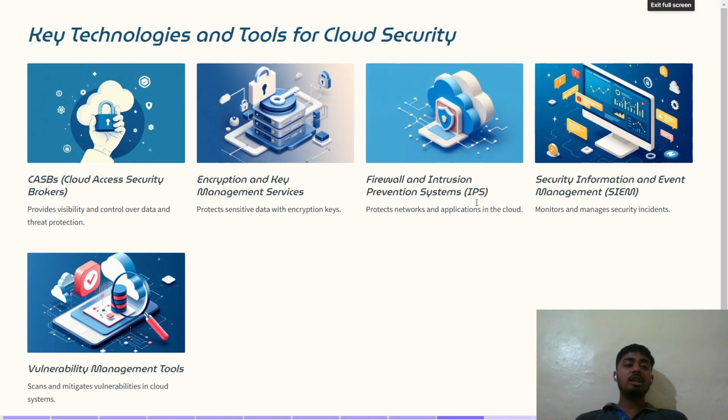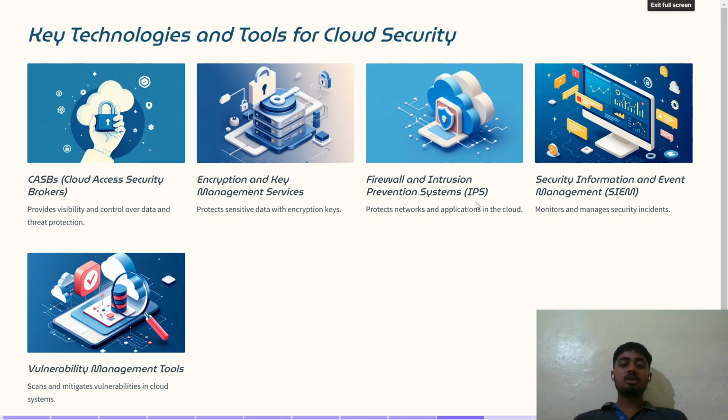Now, coming towards the key technologies and tools for cloud security. So, here we have five key technologies and tools which are required for cloud security and the prevention of data breaches. For example, the first one is CASBs, that is Cloud Access Security Brokers, which provide visibility and control over data and threat protection. The second one is encryption and key management services, which protect sensitive data with encryption keys.